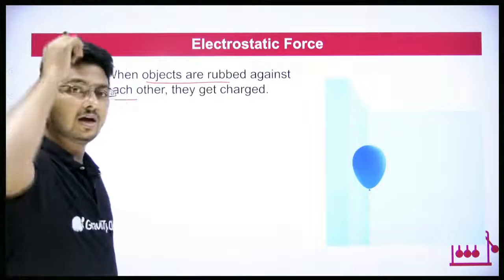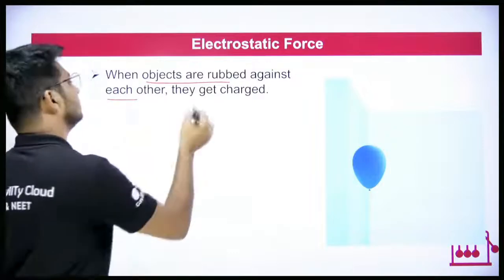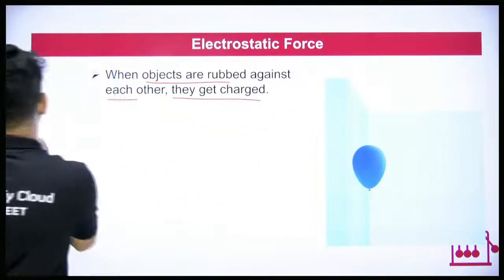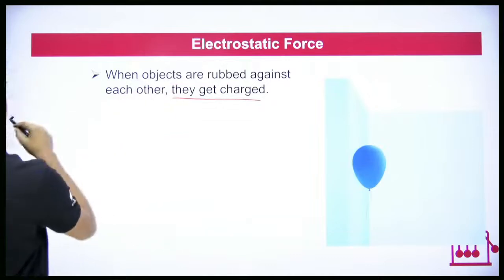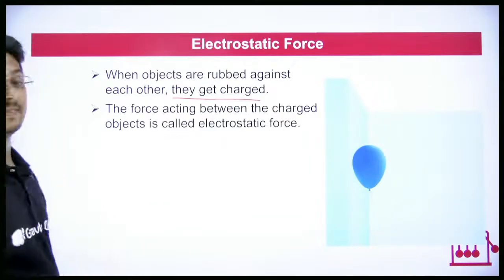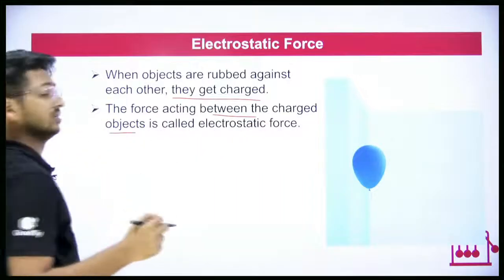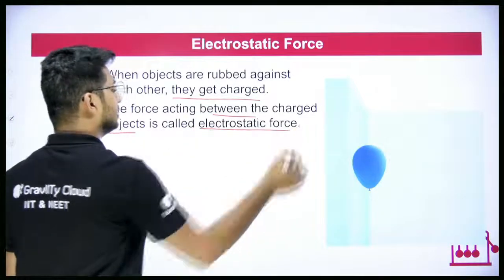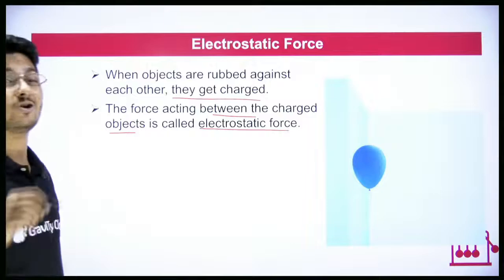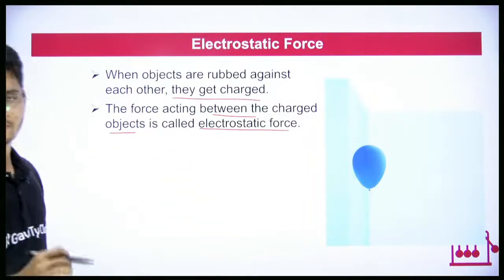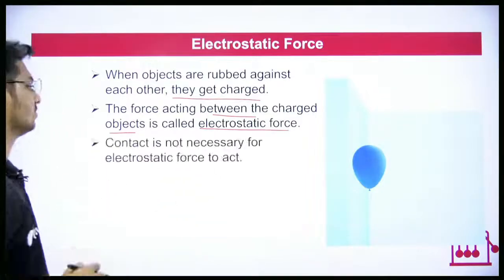That is the case when objects are rubbed against each other. Imagine the comb rubbing on the hair. What happens is we say that they get charged. And the force acting between the charged objects, we give it a special name called electrostatic force.